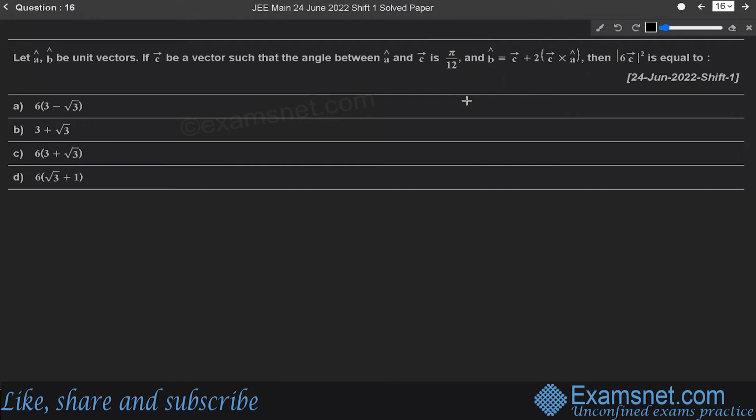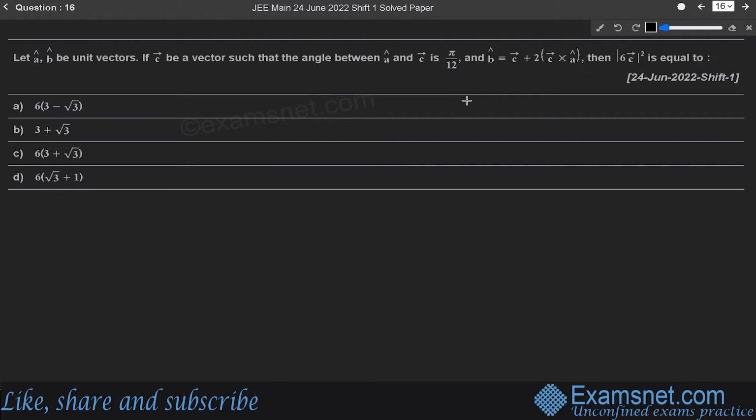Next question is, let a cap and b cap be unit vectors. If c vector be a vector such that the angle between a cap and c vector is pi by 12 and b cap is equal to c vector plus 2 into c vector cross product a cap, then mod of 6c vector whole square is equal to.